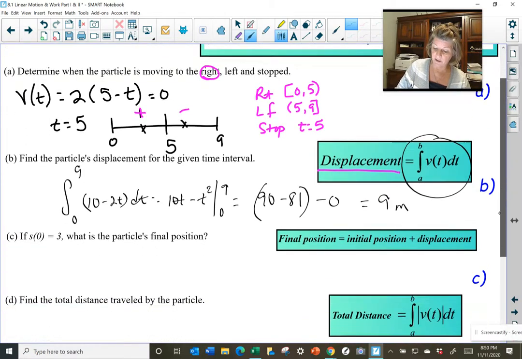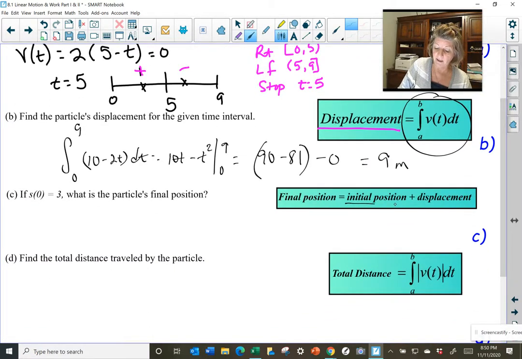If s of 0 equals 3, what's the particle's final position? To get final position, I'm going to take the initial position plus the displacement, the change of position. So s of 9 will equal s of 0 plus the amount of change from 0 to 9 of v of t dt.